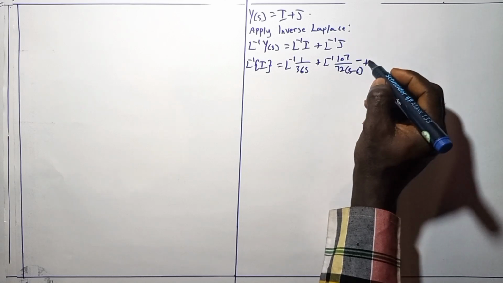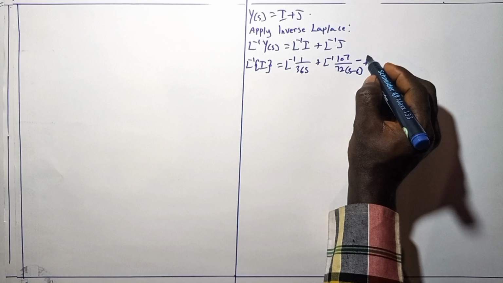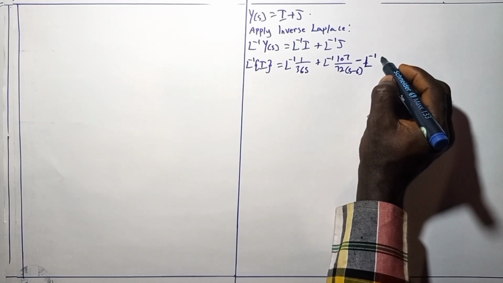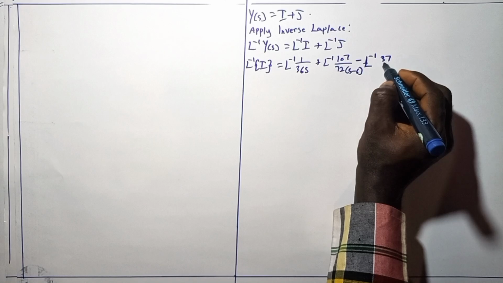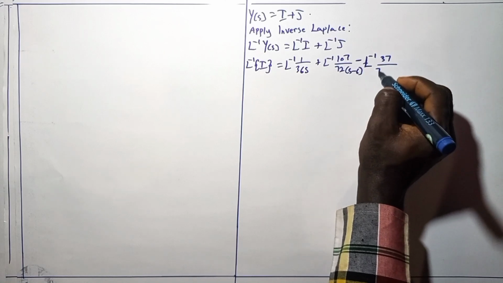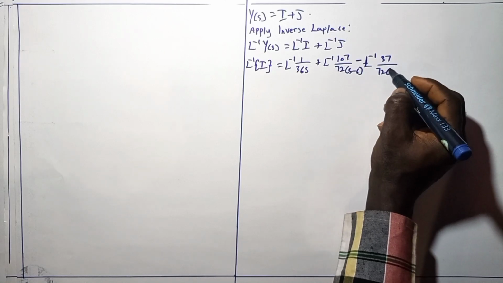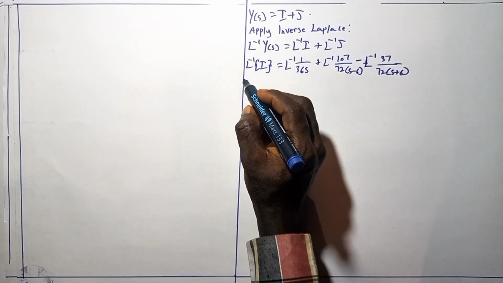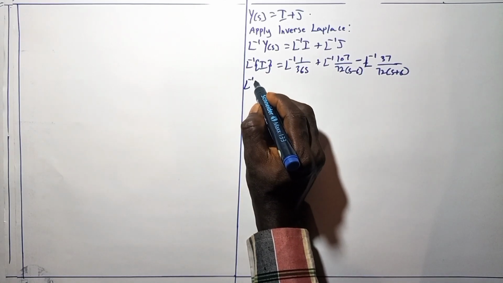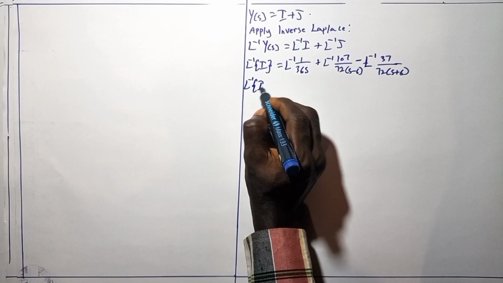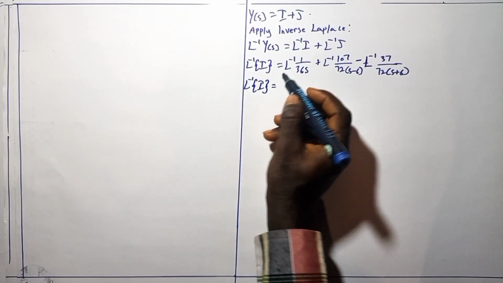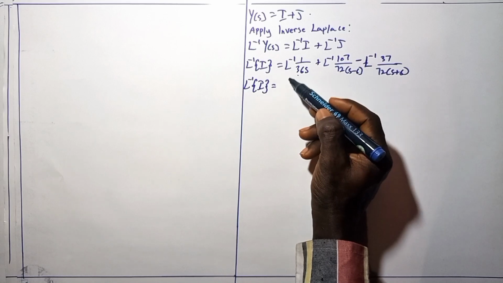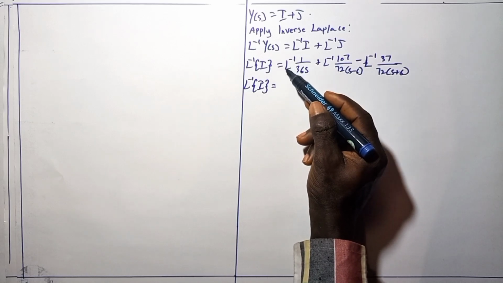So we have inverse Laplace 72 s plus 6. So this will give us, inverse Laplace, 1 over 36 is a constant, bring it out of the inverse Laplace.